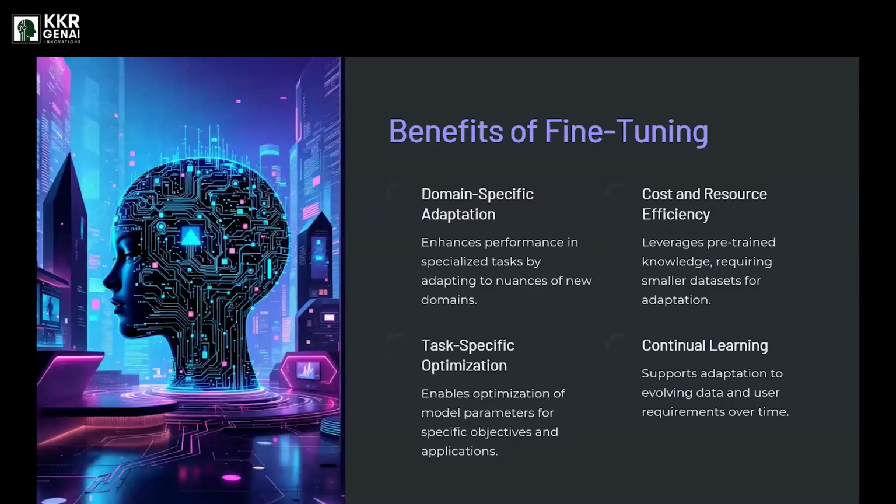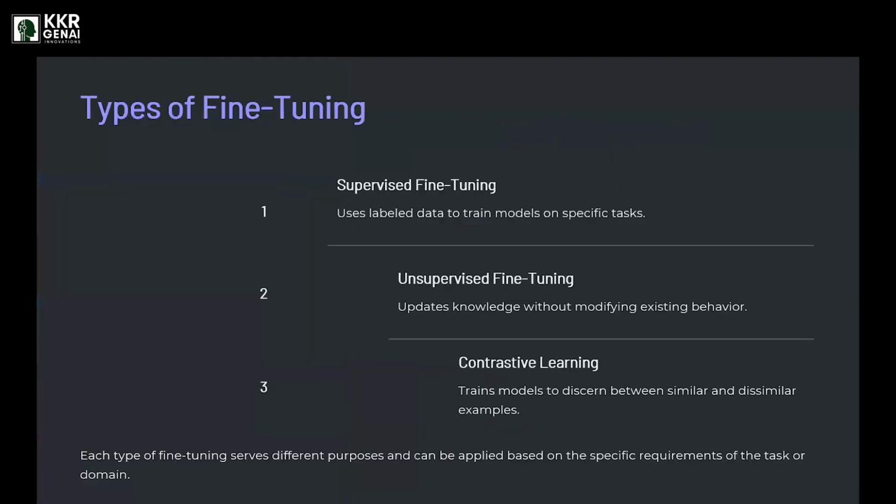So these are the main uses of fine-tuning LLMs. The benefits of fine-tuning are that it reduces cost and improves resource efficiency. You can work on task-specific and domain-specific adaptation of those LLMs, and you can further fine-tune them on a regular basis. There are different types of fine-tuning a large language model.